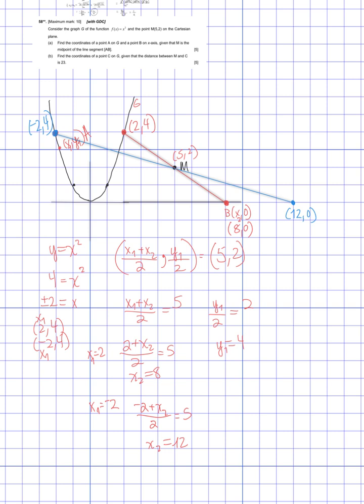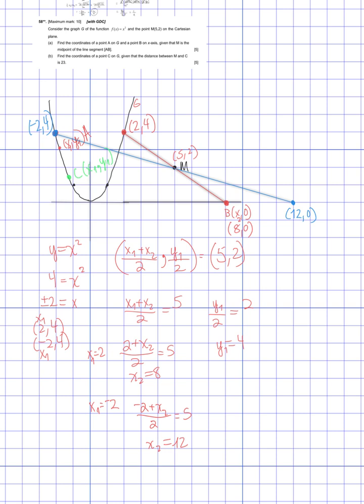So for B, find the coordinates of a point C on G, given that the distance between M and C is 23. So if we have, again, just a random point C, we'll say, again, (x1, y1), and we have the distance between M and C is 23.